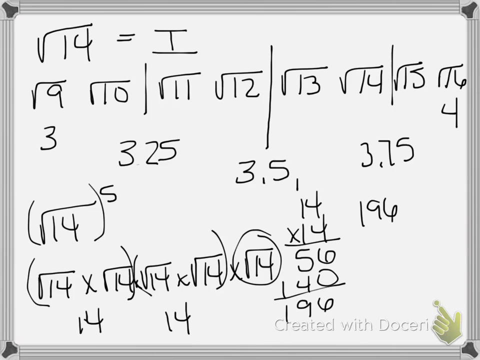Well, we can estimate that to be about 3.7. So then I would just do 196 times 3.7 and get my answer.